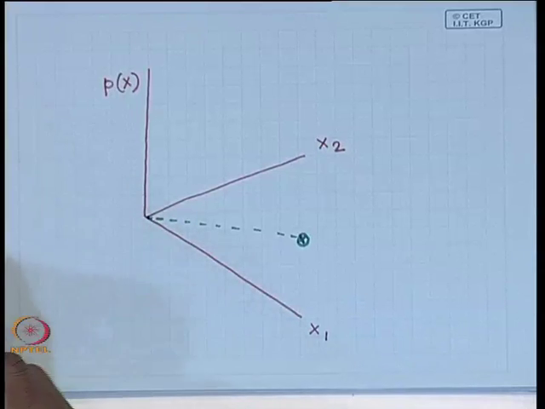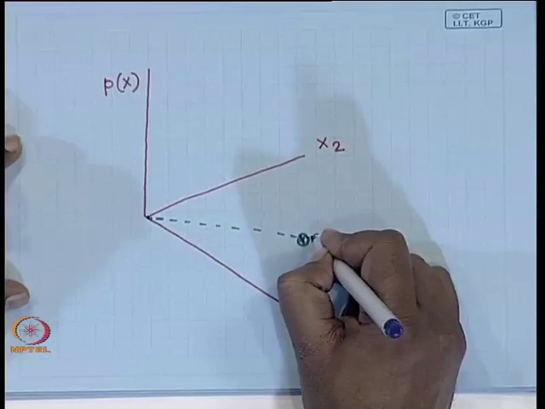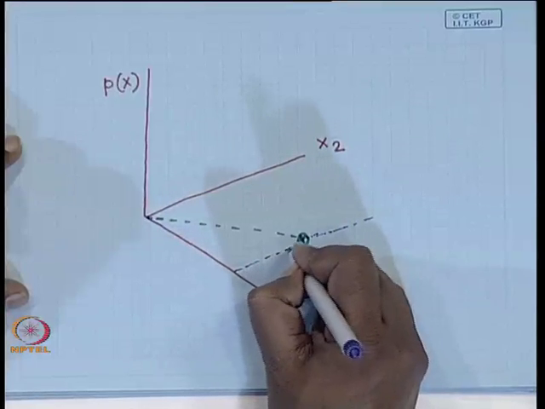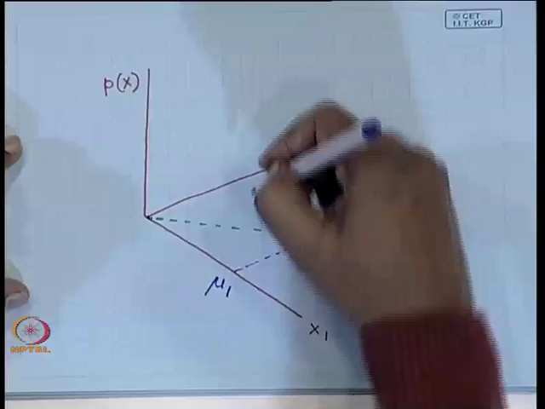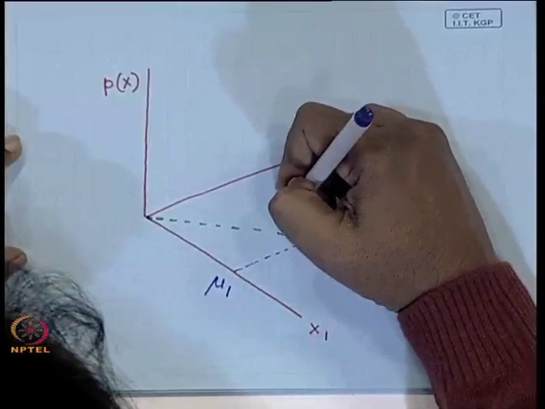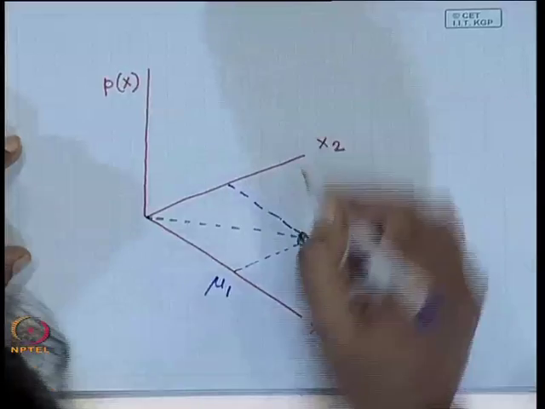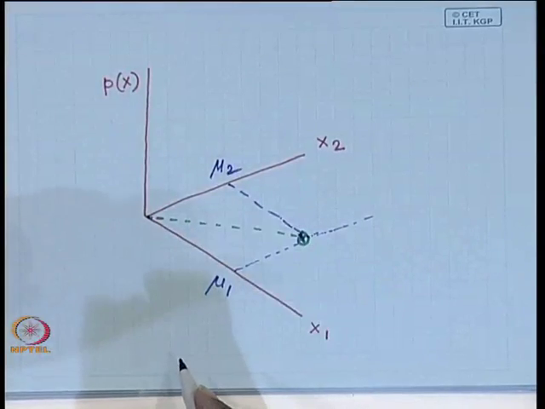So, if mu is at this position, this is the location of mu 1 and this is the location of mu 2. Is that okay?